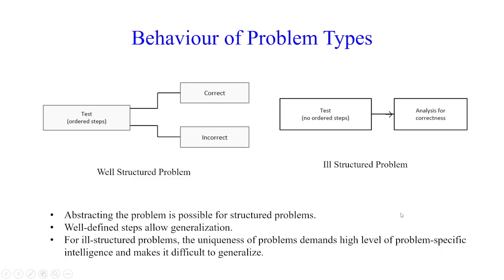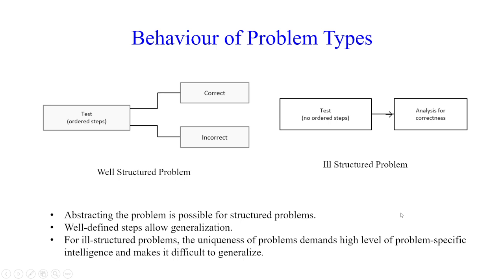Now we will talk about abstraction and generalization. There is one more critical behavior, that is the concept of abstraction. For a well-structured problem, abstraction is possible because you have ordered steps.